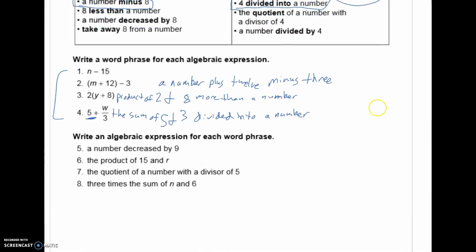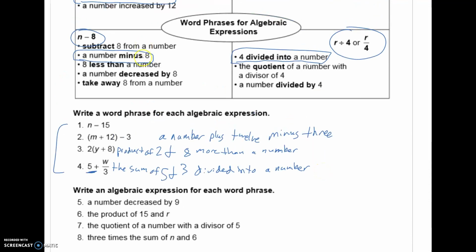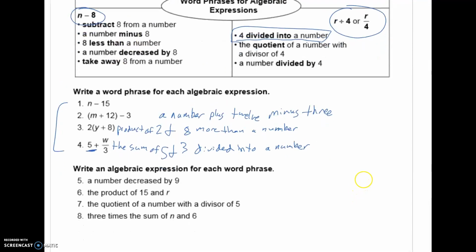All right, let's finish this off. Short on time here, so I'll just quickly run through these. So now we're given words, and we're going to write an algebraic expression. So a number decreased by 9. If you need to look up here and see some of your keywords and phrases, please do that. It's going to help you a lot.